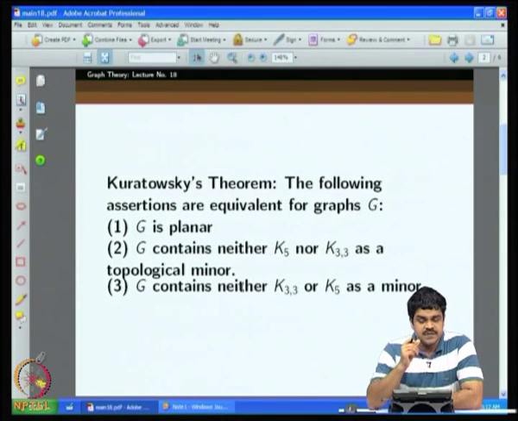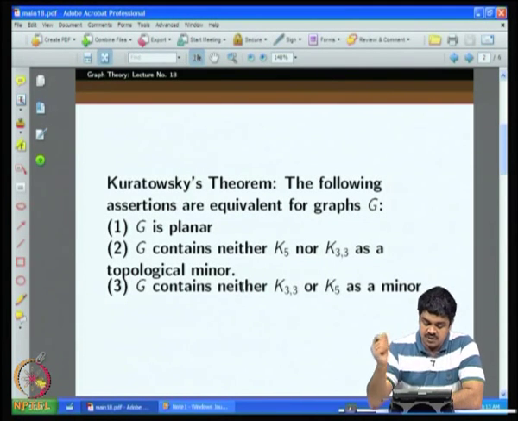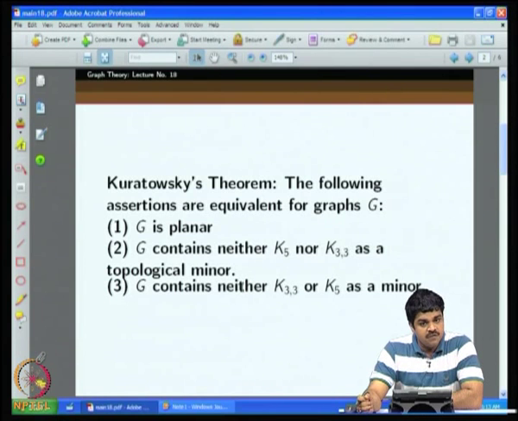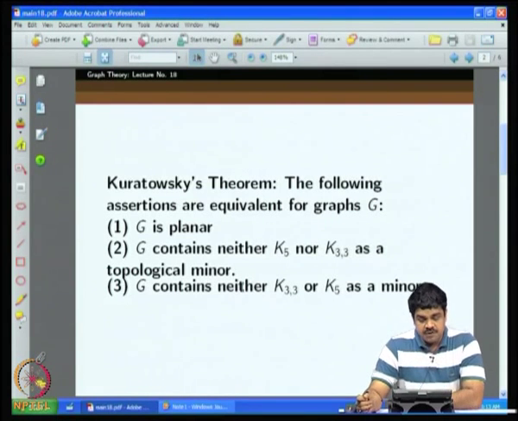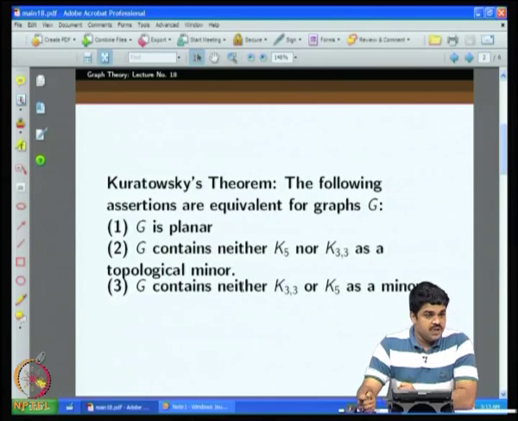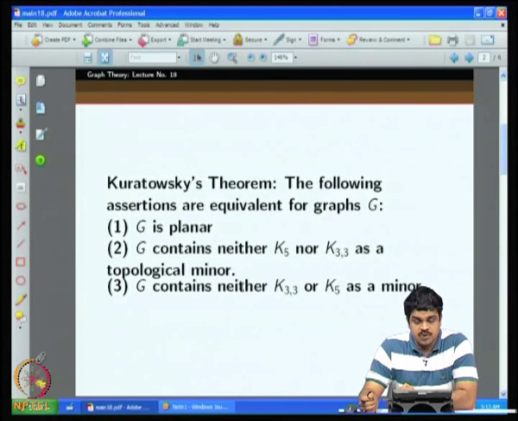As we have seen in the last class, it is equivalent to saying that any non-planar graph will have either a topological minor of K3,3 or K5, because if we have a K3,3 or K5 minor, then definitely we have the corresponding topological minor also.